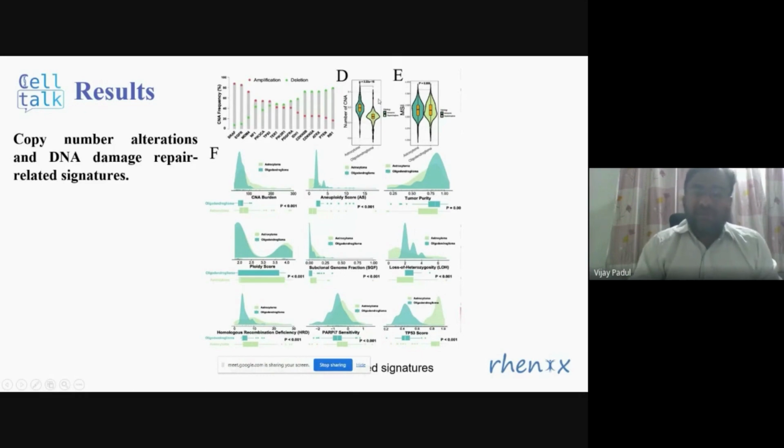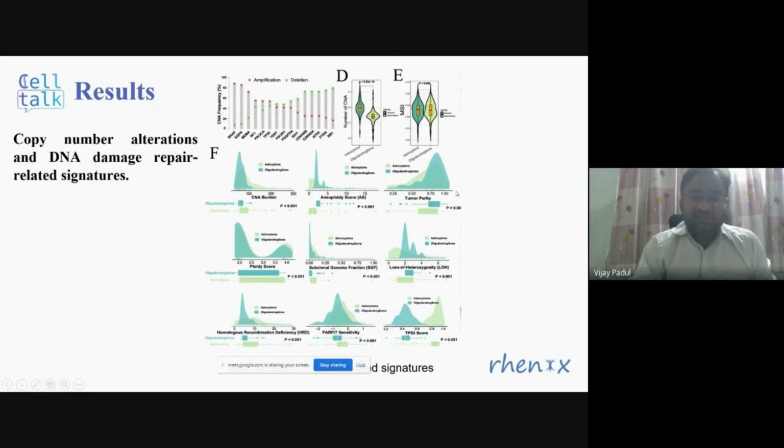Next, they also found a significant difference between the number of copy number alterations observed. The number of copy number alterations was significantly higher in astrocytoma as compared to oligodendroglioma. Microsatellite instability, which is also a measure of more genomic perturbations, was found to be not much different in both histological subtypes.